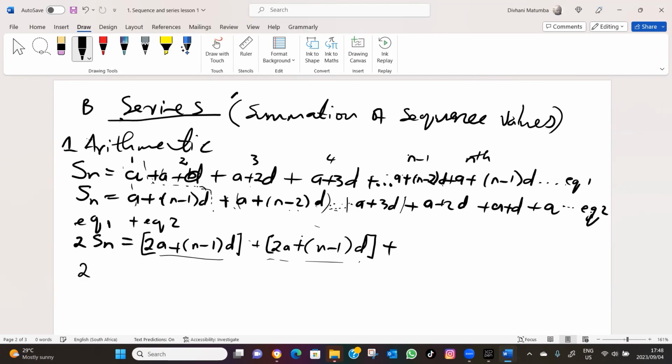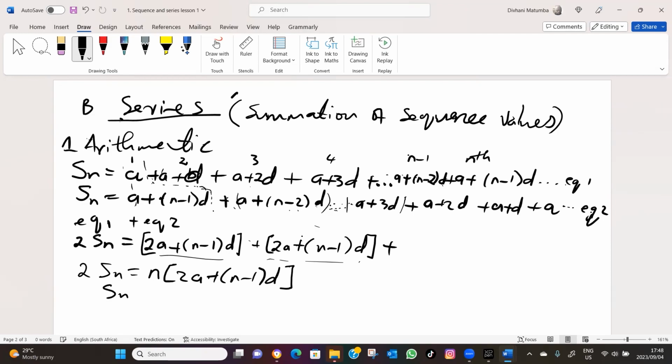So 2Sn, if we're gonna add all the terms, can be represented by n into 2a plus n minus 1 times d. Because each and every time when we add the combination of the terms, we're always gonna get that.